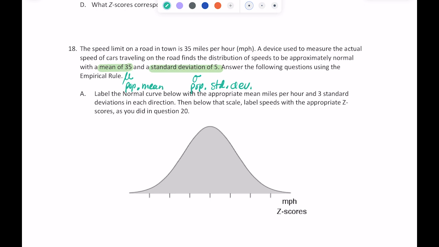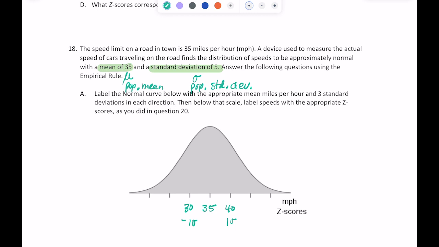We know that the mean goes in the middle because it's the average, so 35 is going to go in the middle. Since my standard deviation is 5, I'm going to add 5 to 35 and I would get 40, and that represents one standard deviation above the mean. 35 minus 5 is 30, that would be one standard deviation below, and so on.